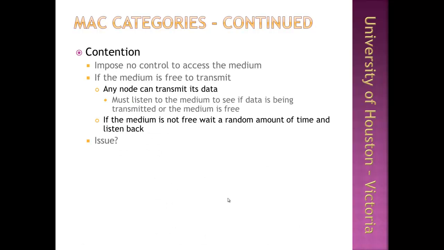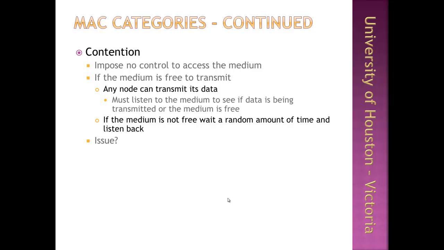Contention. Contention is the third category, or the third mechanism, by which we can ensure access in the medium access control layer. Unlike the previously discussed methods, which impose a control to access the medium, in the contention method we impose no control.